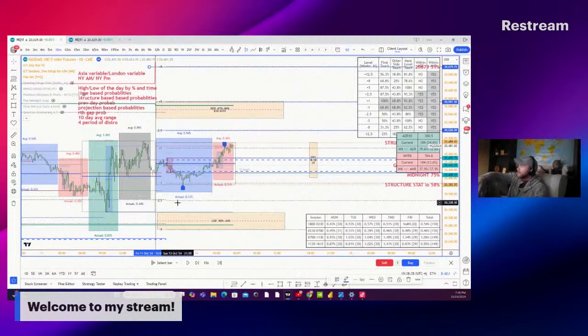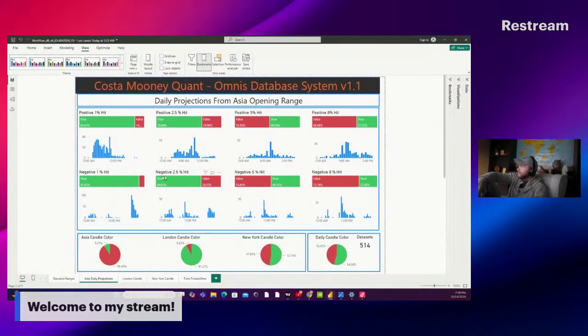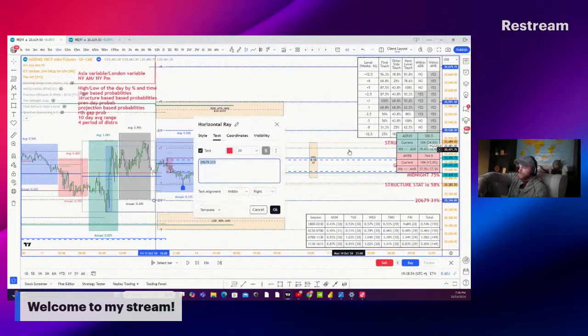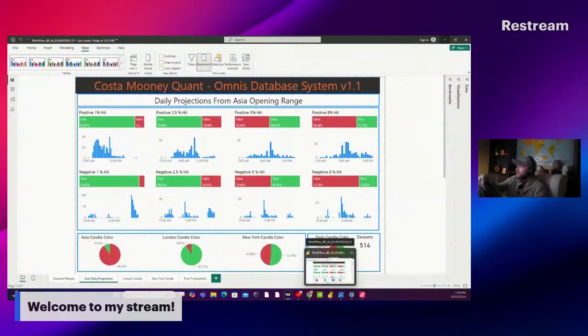And let's go down and get the 2.5 and the 5. Negative 2.5 is a 69, 5 has a 44. We said that had a 69.